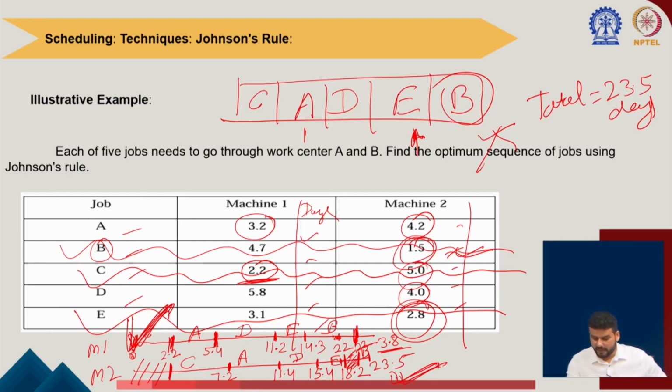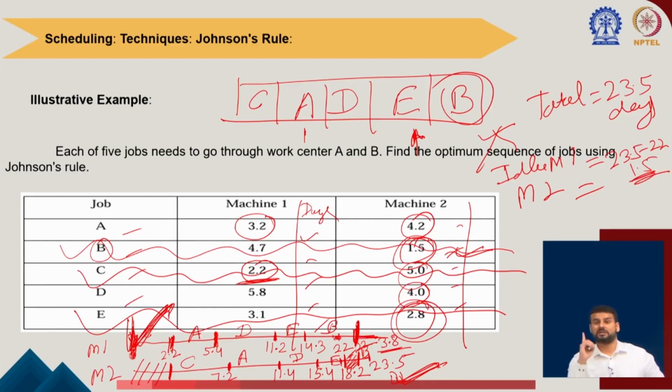Let us say the idle time for machine 1 and idle time for machine 2. Machine 1 is starting straight away on the 0th day, but after 22 days, because the last operation we are doing is on 22 days, after that it will be idle if we are not processing anything else. So 23.5 minus 22, that means 1.5 days idle time for machine 1.